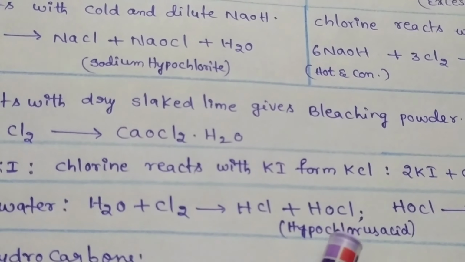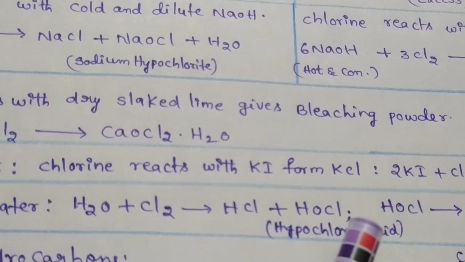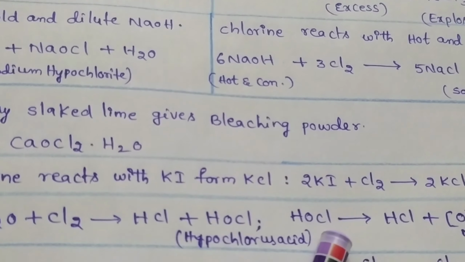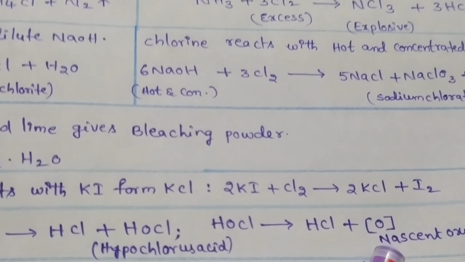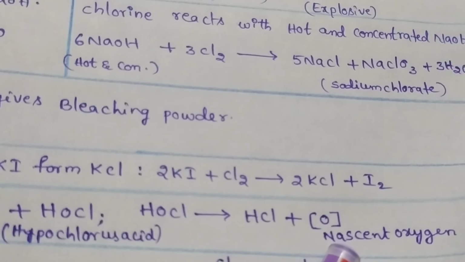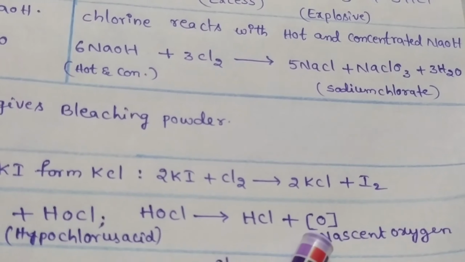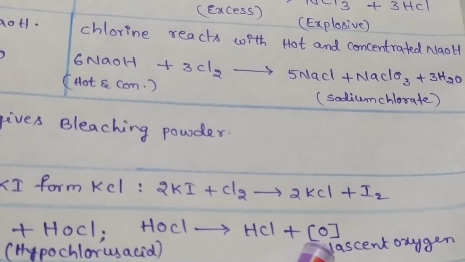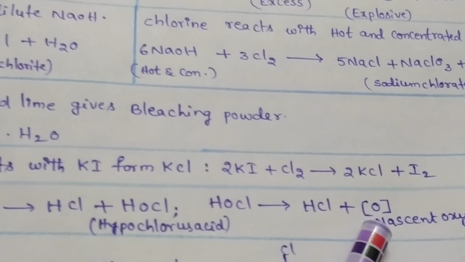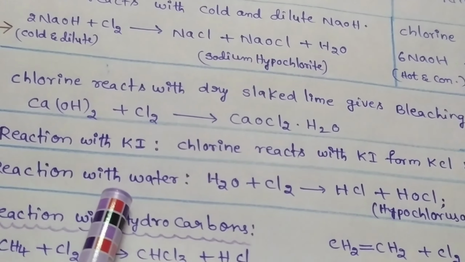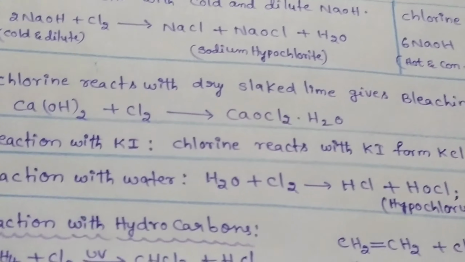The formed hypochlorous acid is very unstable, so it further dissociates into hydrochloric acid and nascent oxygen is released. This nascent oxygen kills the organisms present in water. So here we can take chlorine as an antichlor.